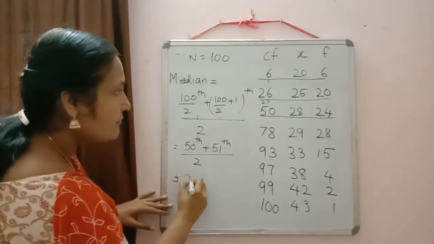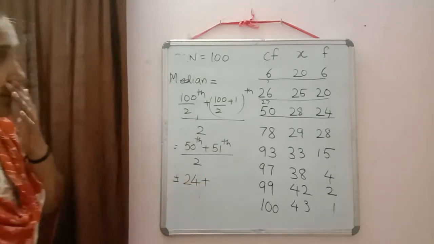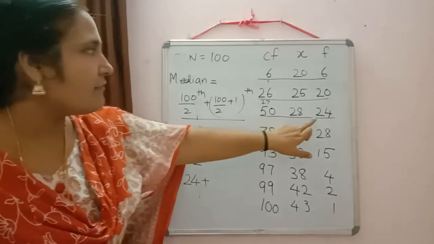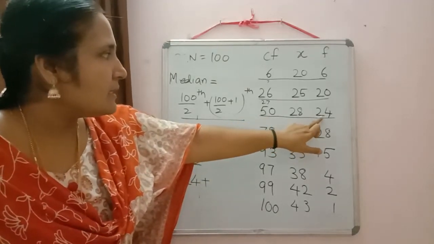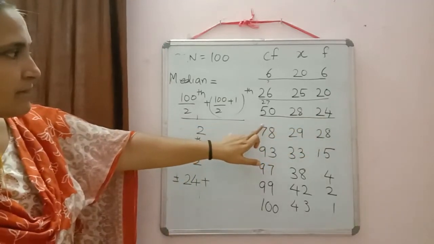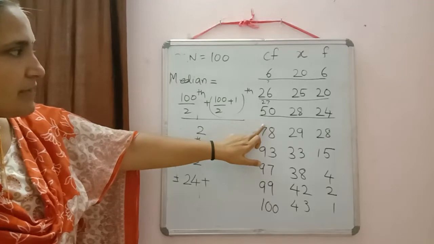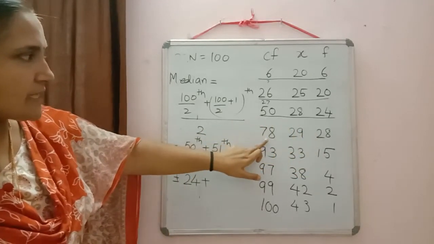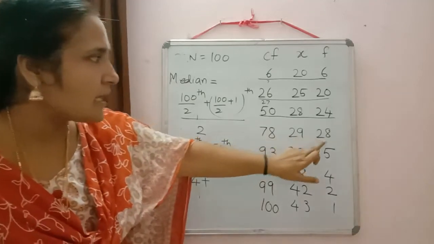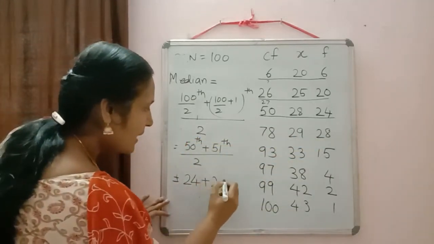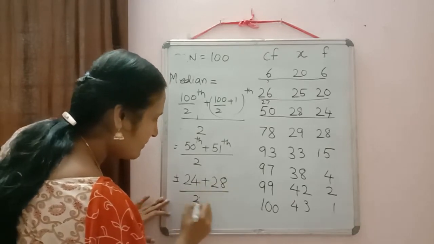Till 50 we have 24. Then the 51st observation will be equal to 28. From 51 to 78, all values are equal to 28. So we will write here 24 plus 28 divided by 2.